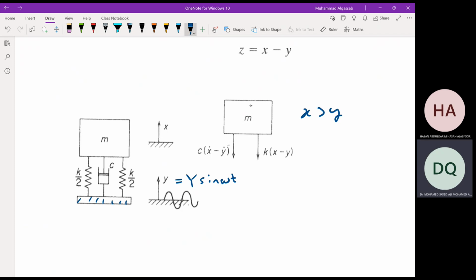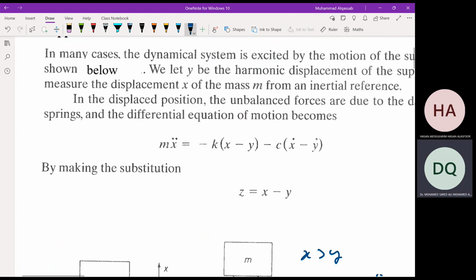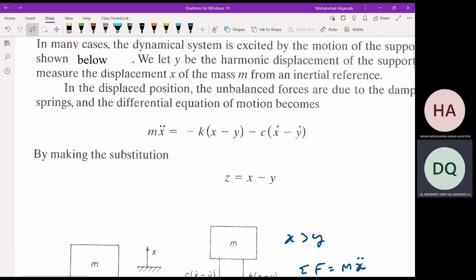And then we apply Newton's second law. Sum of forces equal to m x double dot. The mass is moving with acceleration equal to x double dot. So when you do that, you get m x double dot equal to minus k(x minus y) minus c(x dot minus y dot).